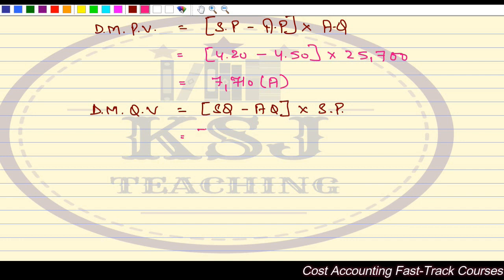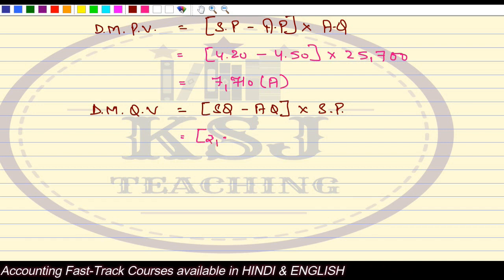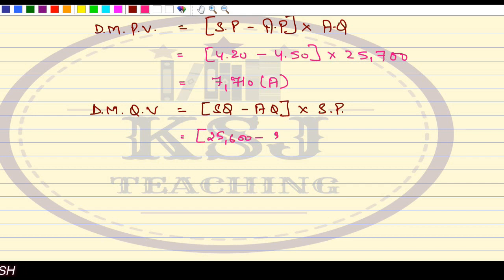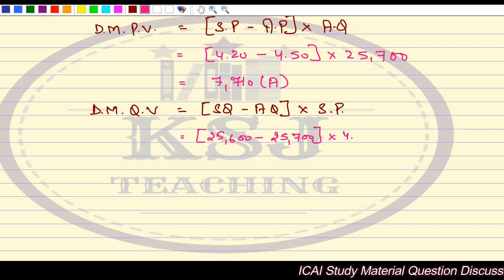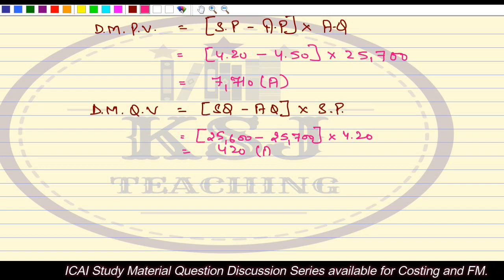So standard quantity is 25,600, and what is the actual quantity used? 25,700 multiplied by 4.20, so this comes out to 420 adverse, right?